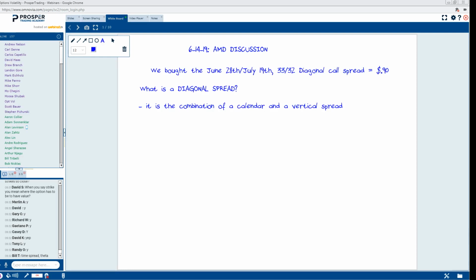Okay. Now, we go through calendar spreads all the time, right? What are the benefits or what do we look for in a calendar spread? In a typical calendar spread, what do we look for?